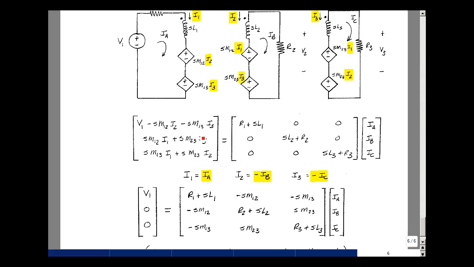And this term, bringing on the other side of the equation, becomes plus, but I got another minus sign here, so I get a minus sign here. Likewise here, when I bring this on this side of the equation, it's going to be a negative of it, and it's going to be I sub A, so it'll be in column 1. This term here is going to be with column 3, but it's the negative of that, so I'm going to get a minus sign from moving it on this side of the equation, and then another minus sign here will cancel those two.